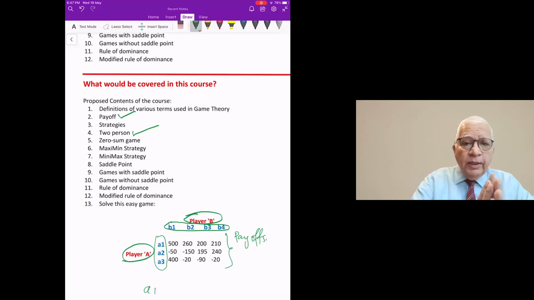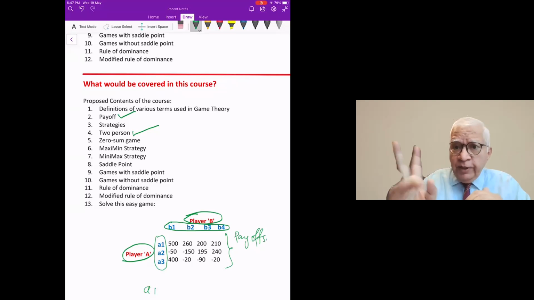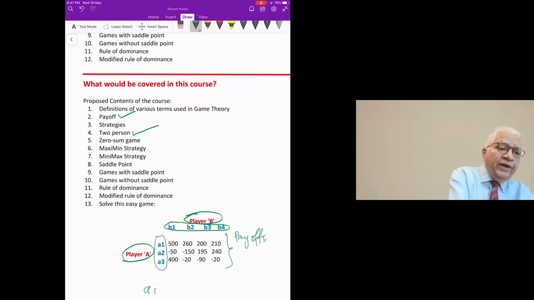Okay, fine. What does it mean? For example, if you see the intersection of strategy A1 with B1, the number indicated is 500.